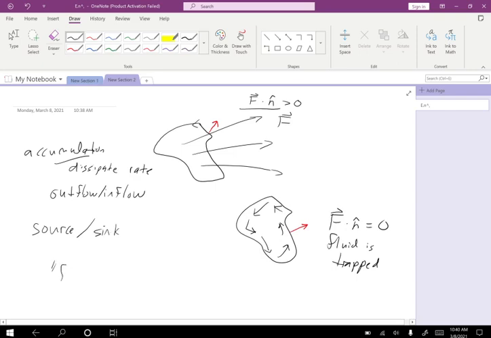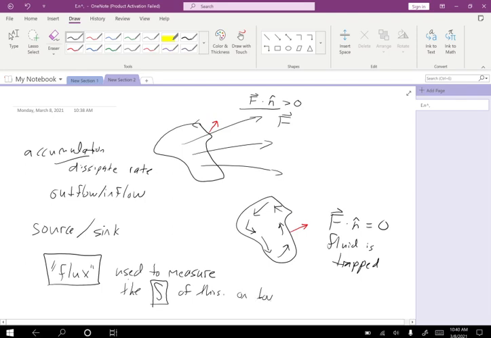And what you'll see is the word flux is used to measure the integral of this on the boundary. If this surface integral, or this line integral in 2D, is large, there's a large outflux, for example.